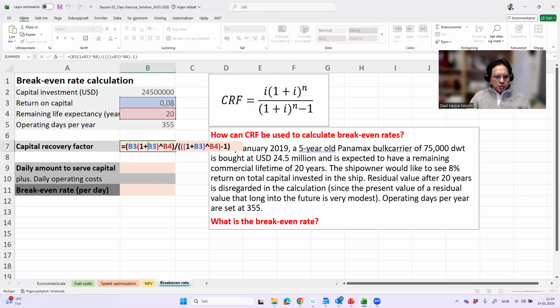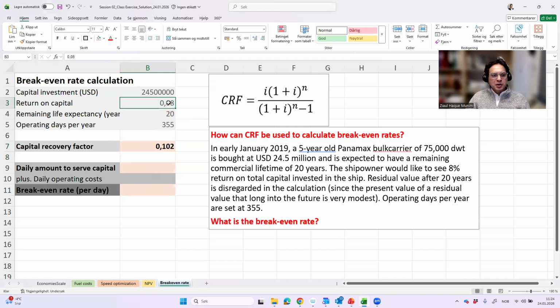The reason it did not work is because here, in the beginning, B3, I have to put a multiplication symbol. So B3 is I multiplied with 1 plus I to the power n. I didn't put the multiplication symbol, so that's why it didn't work in the beginning. So now it works.